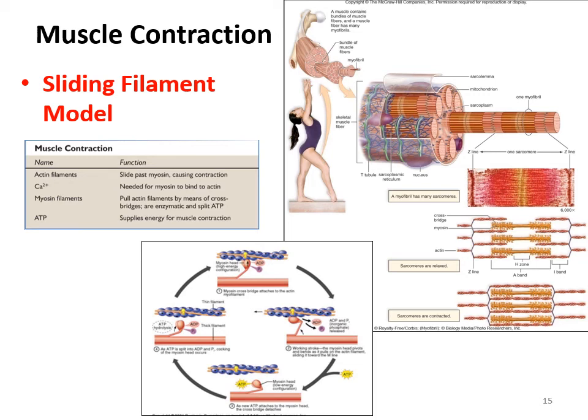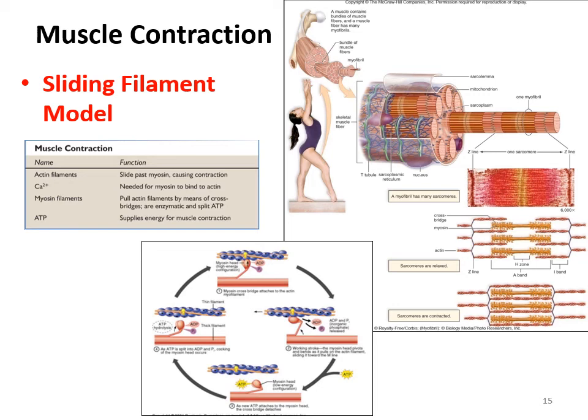With that cross bridging, you end up with a release of ADP and phosphates, and you know that as the release of energy. That causes a power stroke, meaning just like an oar with the water, you now have this stroke of the myosin pulling or sliding that actin forward.